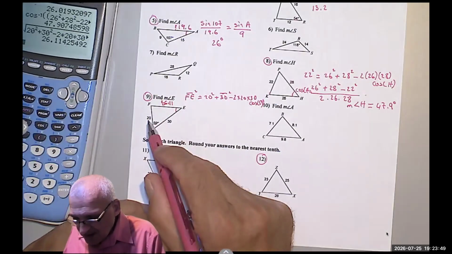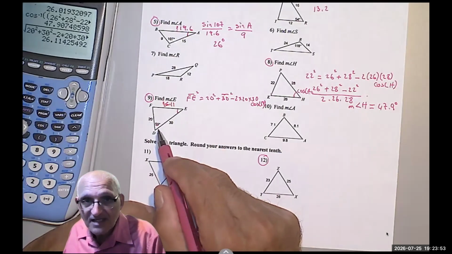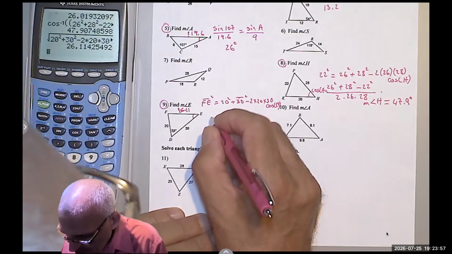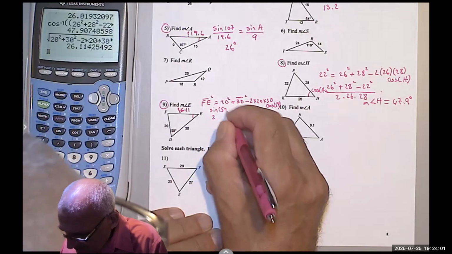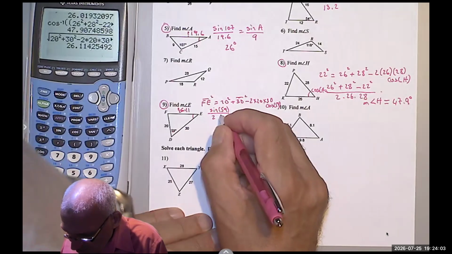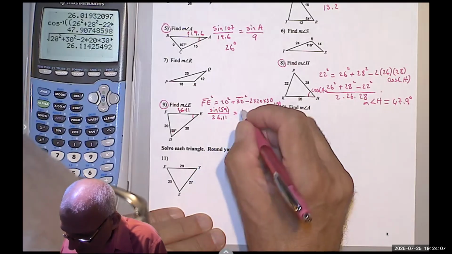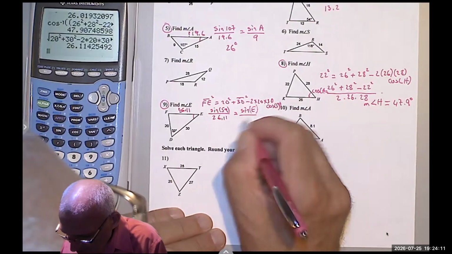Larger than 20, so I expect this to be less than 59. Common sense. Okay, so I'm going to say sine 59 over 26.11 equals sine E over 20.